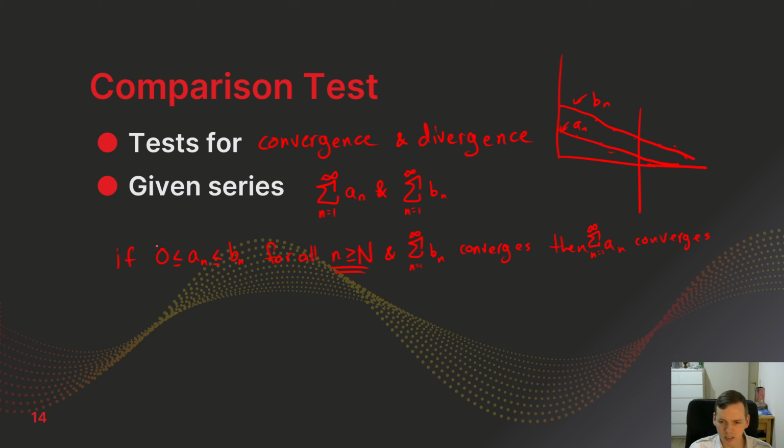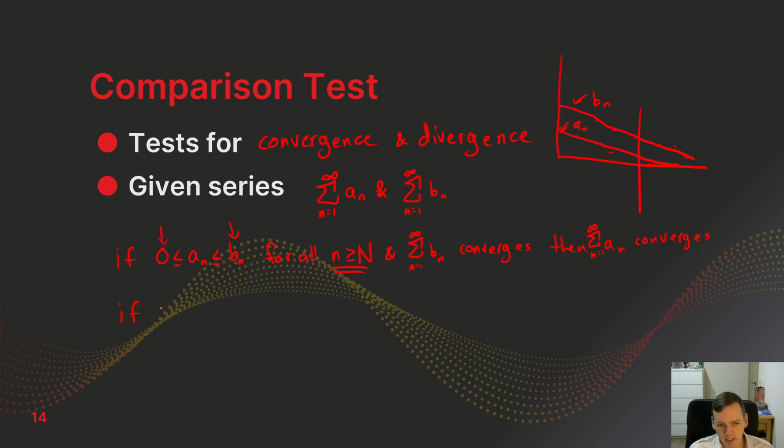So they can vary at the beginning, but if eventually b sub n is always bigger than a sub n, and a sub n is always bigger than 0, in other words, a sub n is sandwiched between 0 and b. Well, then if b converges, a also has to converge, because basically b will equal some fixed value. So a has to equal some fixed value between 0 and whatever b was.